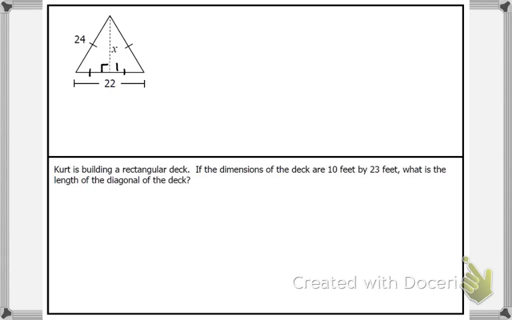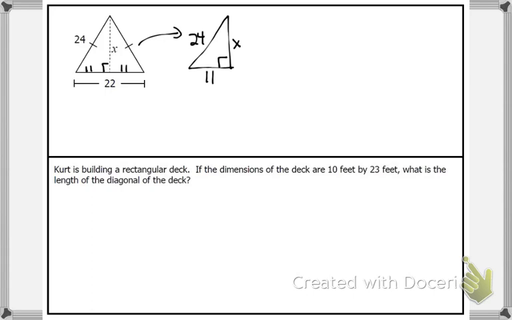It also could go back to looking at congruent triangles. By congruent triangles, we could show that these two triangles are congruent. Then you have corresponding parts, and what we really want here is that it's a midpoint that splits the bottom side of 22 to be 11, because now we get 24, x, and 11.